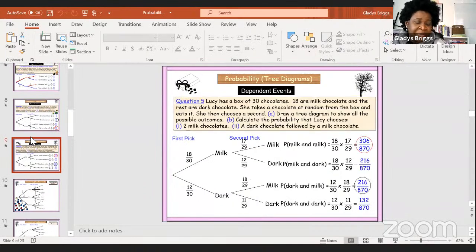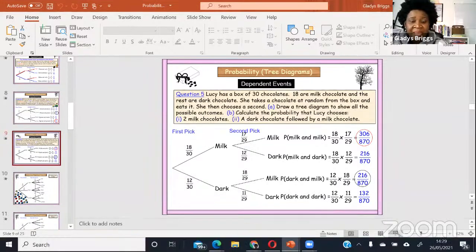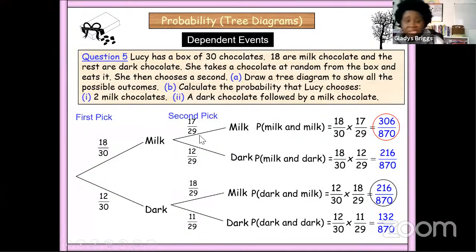Okay, so the other type that we have to look at is sampling without replacement. I'm just going to write out this question so that we can look at it on my whiteboard together, and I can explain it to you.